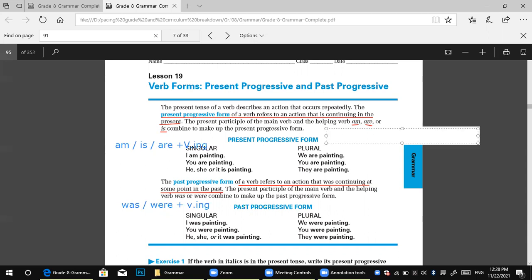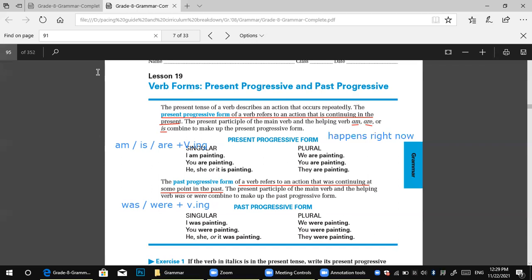So this is the present progressive. But the past progressive is for something that had happened for a long time.